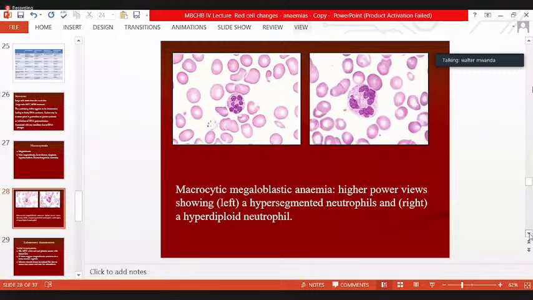I repeat, these other abnormalities that are associated with macrocytosis can lead us to know the cause, can lead us to know the complications of the cause of macrocytosis.